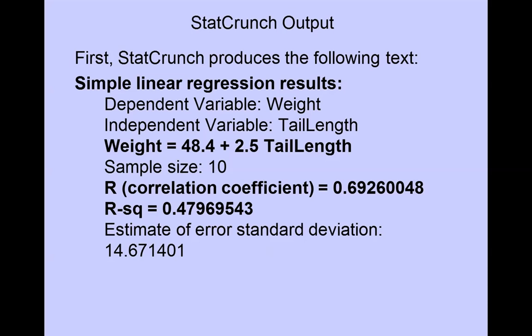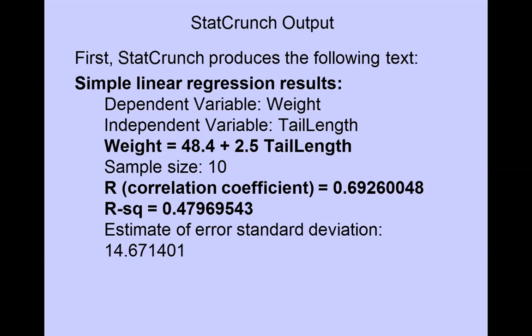Weight equals 48.4 plus 2.5 times tail length is the equation of what we call the line of best fit. The sample size was 10. There were 10 wolves in the study who had their weights and tail lengths measured.